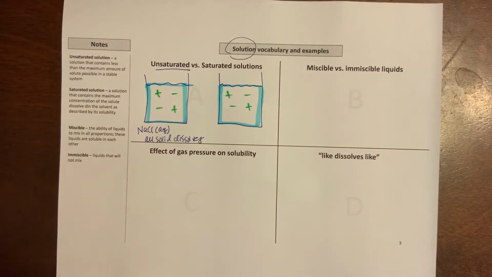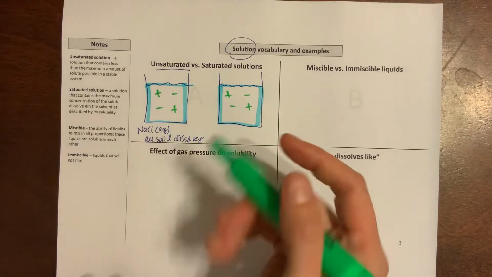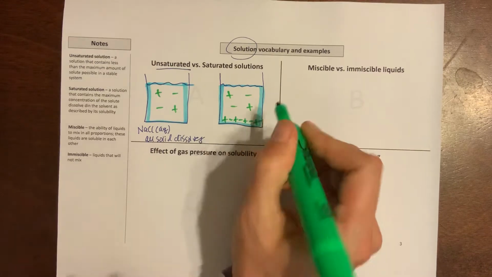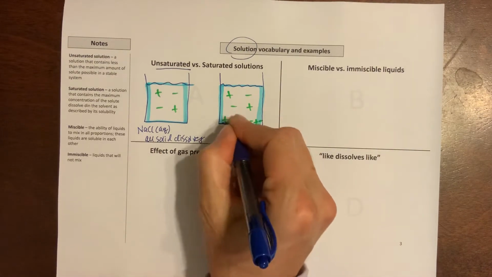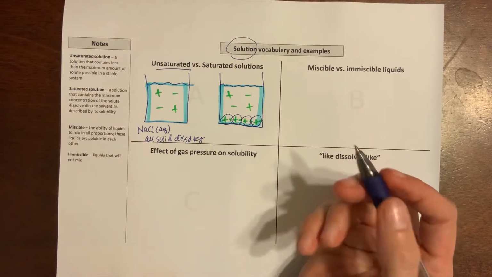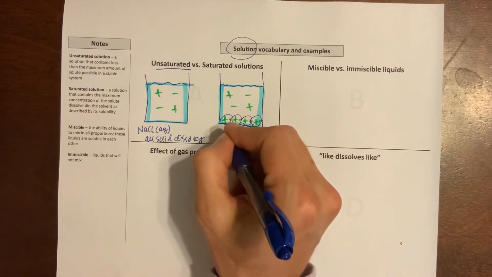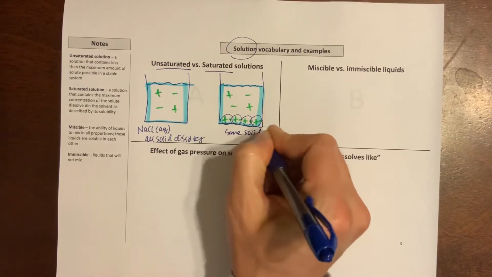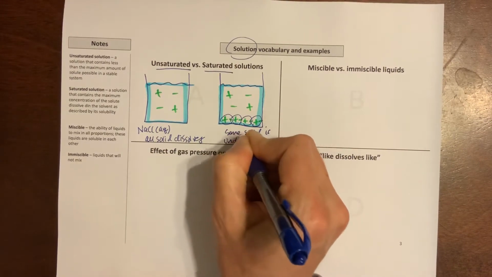So I start with an unsaturated solution, but then eventually I have this ionic compound sitting at the bottom here, and it can't dissolve. So some of it dissolves and some of it just stays as these chunks at the bottom. So here I would say if it's a saturated solution, some solid is undissolved.